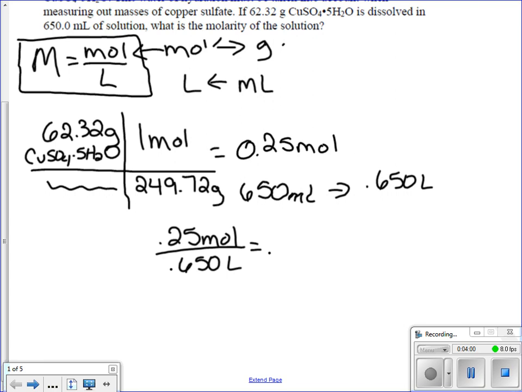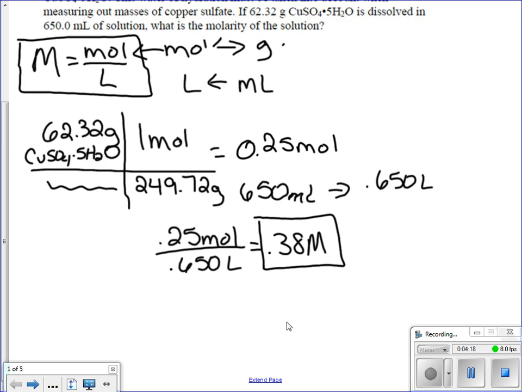You should get 0.38 molarity. And we would actually call this a 0.38 molar solution. And so molarity, it asks for what is the molarity. So our answer is 0.38 molar. All right, so that's 1A.